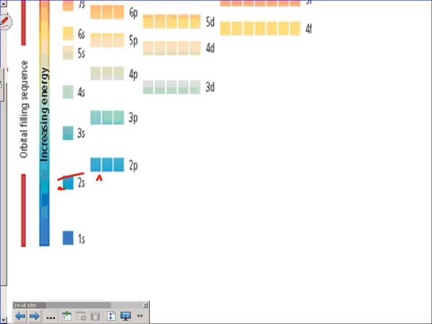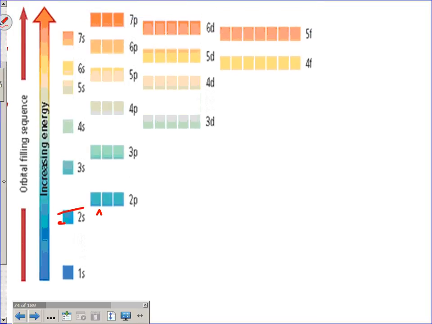So 1s2, 2s2, 2p6, 3s2, 3p6, 4s2, then what? 3d. It's just a hair higher than 4s and a hair lower than 4p. You see it? And then 5s, 4d, 5p, 6s, 5d, 6p, 4f.